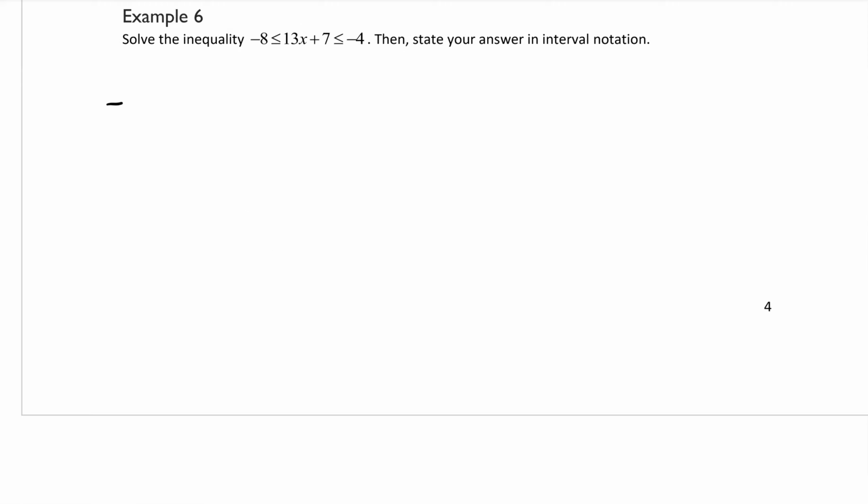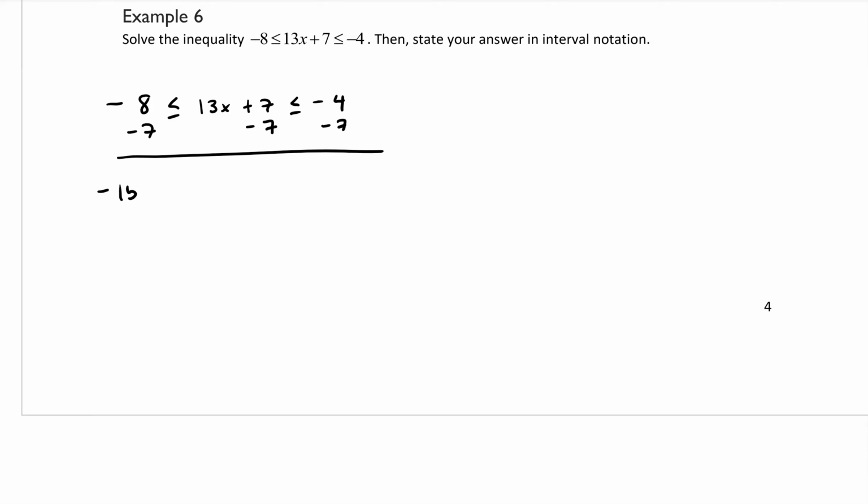Okay, example 6 wants us to solve the compound inequality negative 8 is less than or equal to 13x plus 7 is less than or equal to negative 4. The first thing that I want to do is subtract 7 from all parts of the inequality.